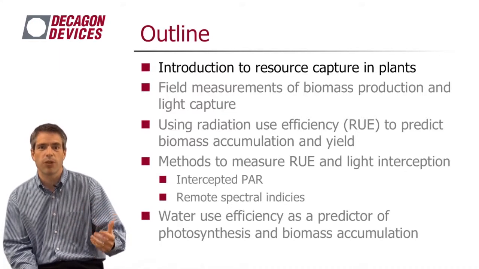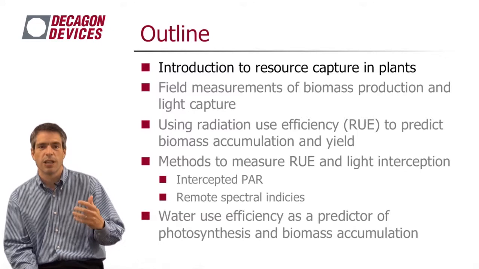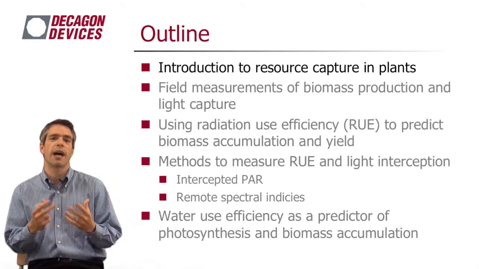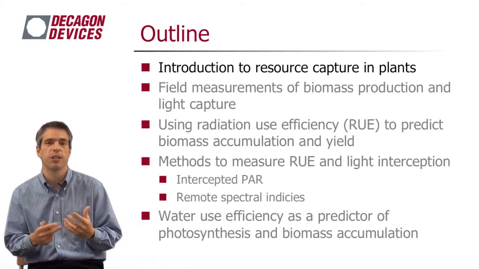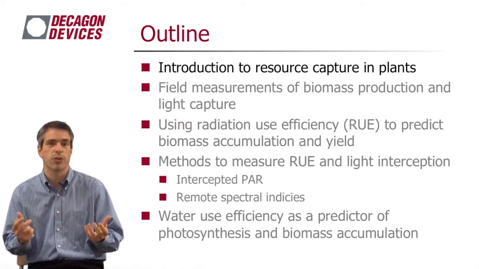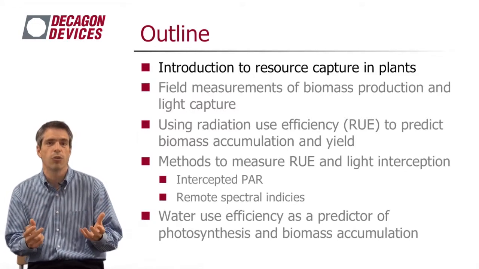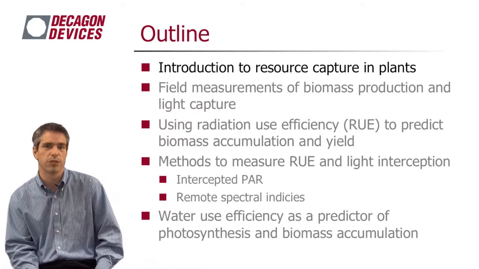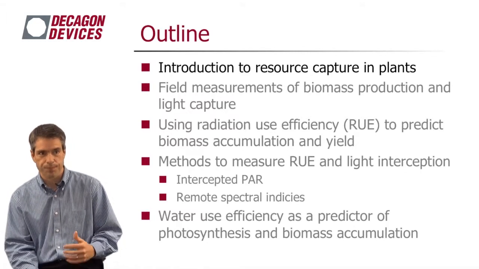After that, we're going to talk about radiation use efficiency and predicting biomass from that. We're going to talk about how to measure that, because it's critical to really think about how to measure these things. We can guess at it, we can model it and all those things, but how are we ever going to know that what we've done is right? Well, we actually have to go out to the field and measure it. So that's the next step.